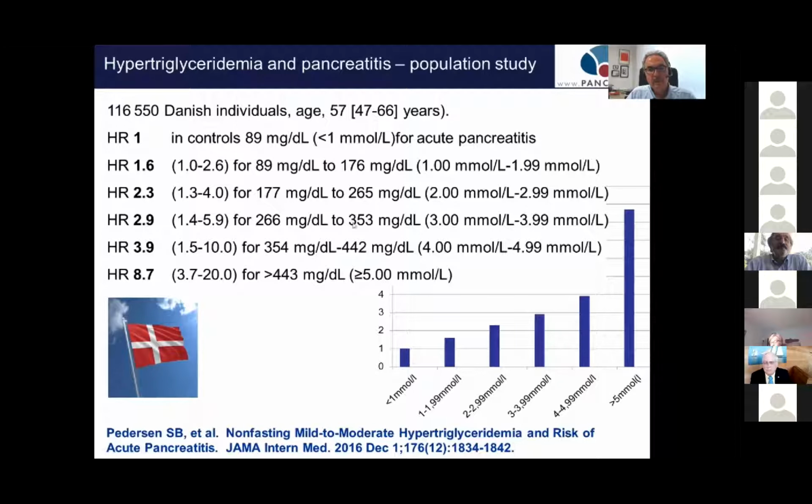And when your levels are raised above 443 milligram per deciliter, you already have a 9-fold increased risk of developing pancreatitis. So the old classification, over 1,000 or over 2,000, no longer holds, but your risk is already increased at lower levels.